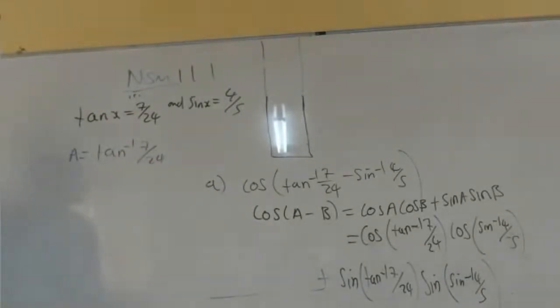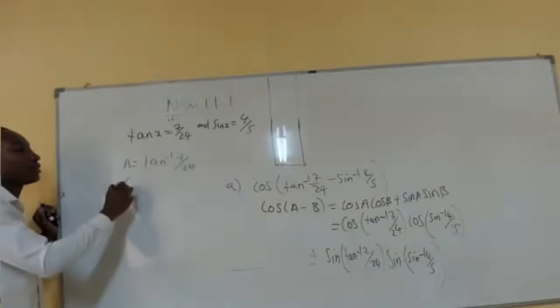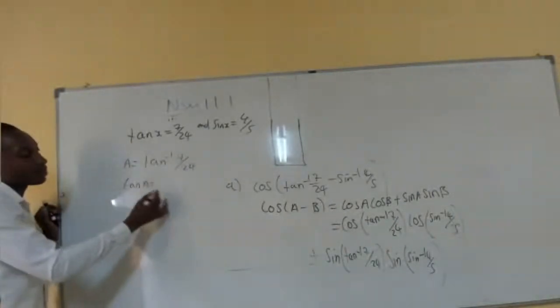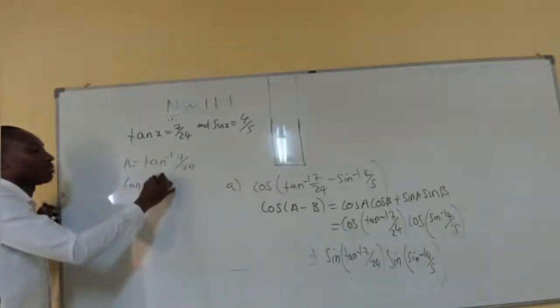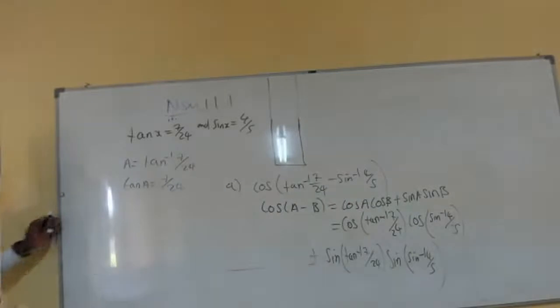Then tan A will basically be 7 over 24. So this is what your tan A is.